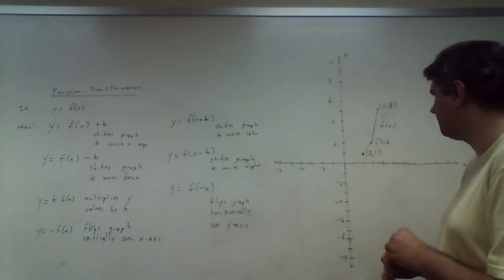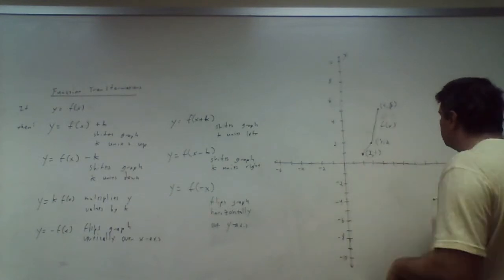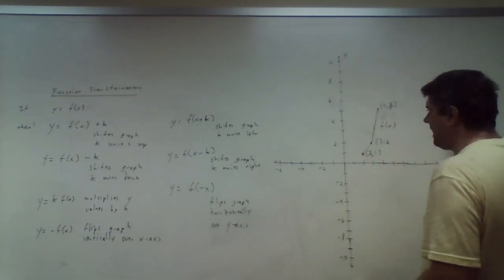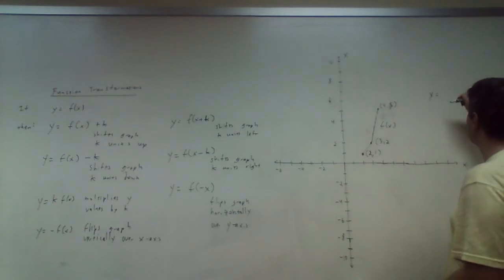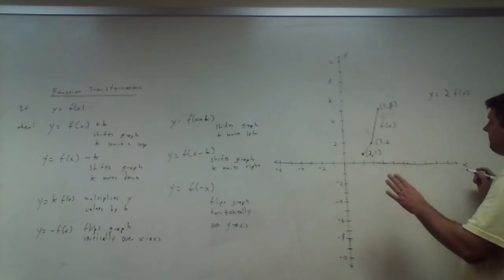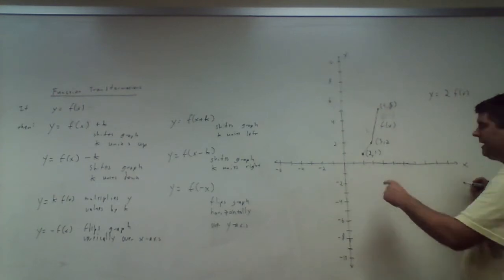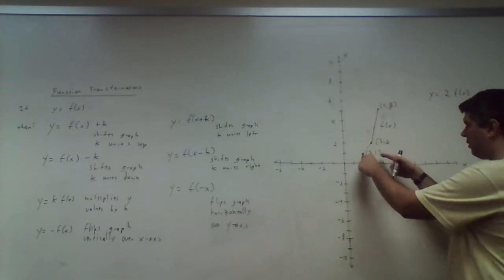Okay, so I'm going to start with an original f of x. If I have y equals two times f of x, then what's going to happen here is I'm going to take the 1 here. You see the y coordinate 1?